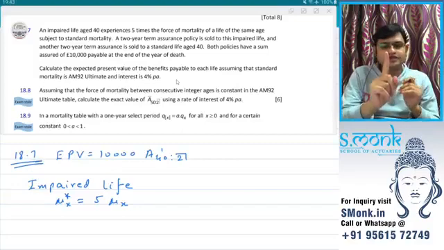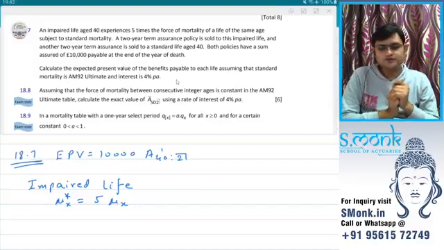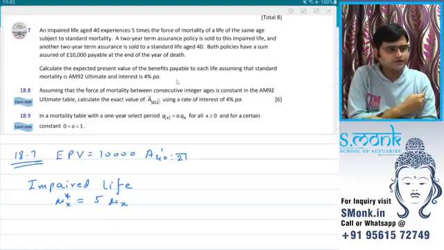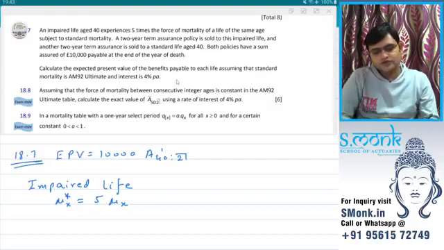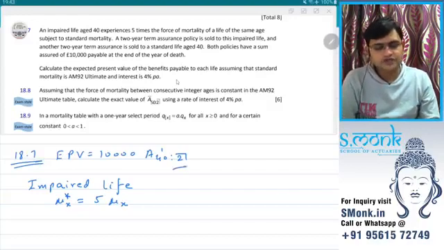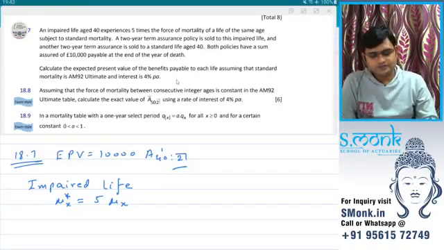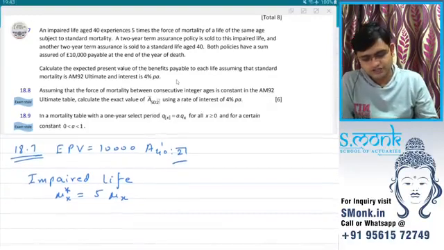So within 1 year, we will be assuming a constant force of mortality, and beyond that, every time calculating a different constant force of mortality. So we are going for 2 years here, age 40 to age 42, so we'll be calculating 2 constant force of mortalities for those ages.